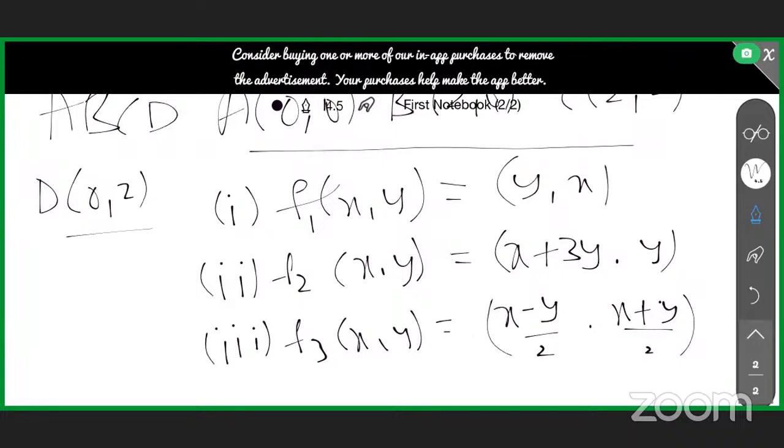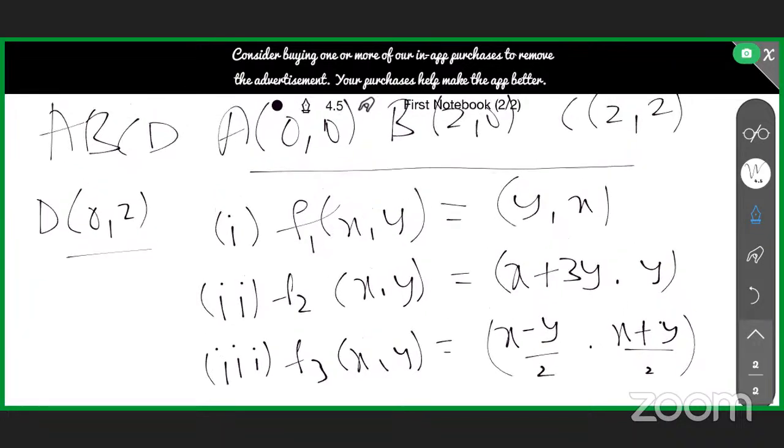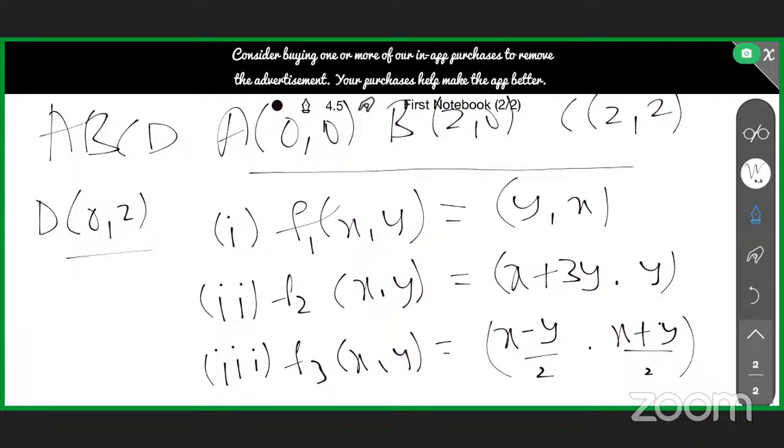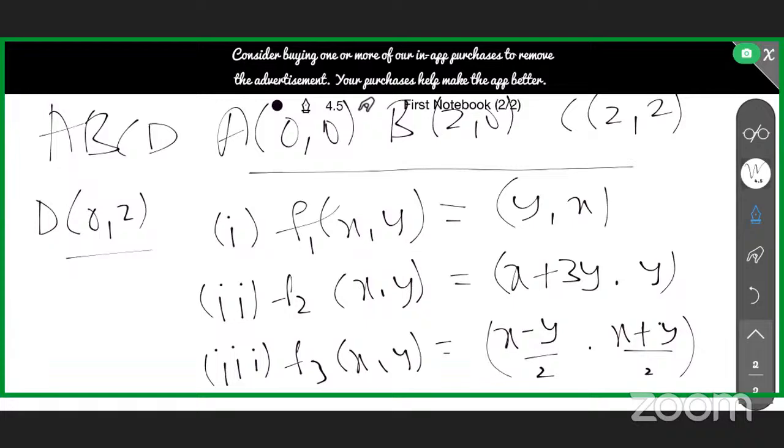So a square ABCD is there, and the vertices of the square are given: A (0, 0), B (2, 0), C (2, 2), D (0, 2). This square is undergoing these three transformations.